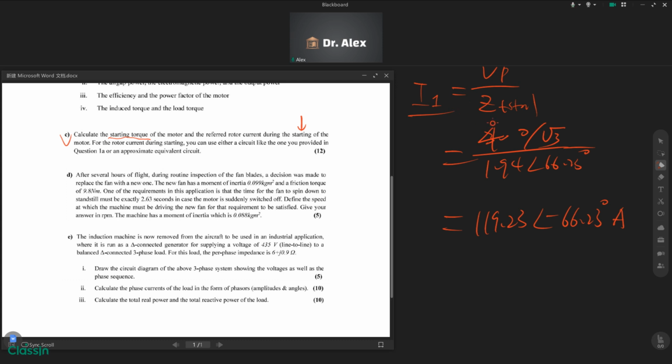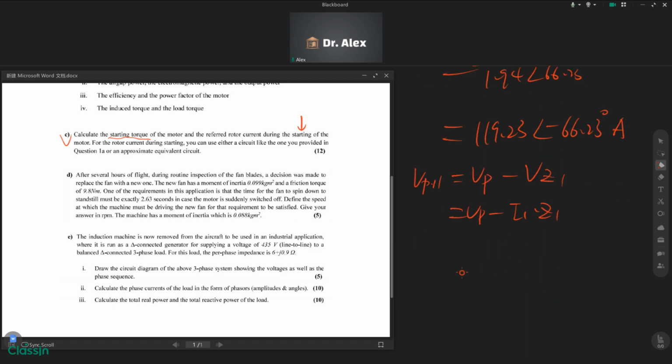As shown in part A, after we get the value of I1, we will get the value of Vp for the parallel, or for Z2. This value equals the phase voltage minus the voltage across Z1, which is Vp minus I1 times Z1. Vp is 400 divided by square root 3, minus I1 times 0.355 plus 0.9j.